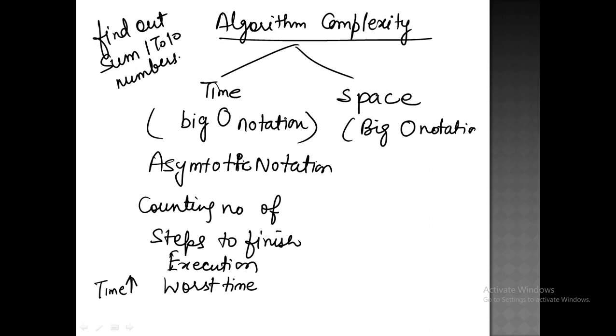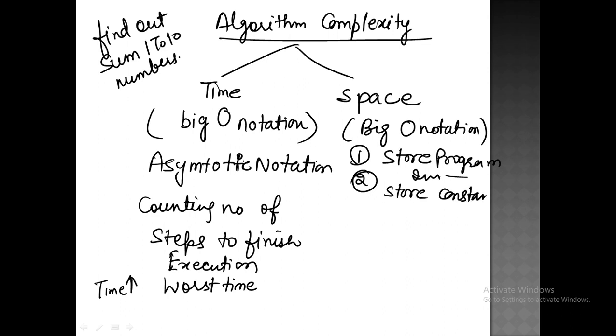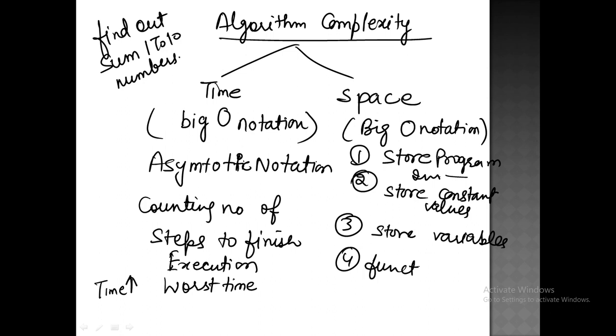For an algorithm, space is required for the following purposes: to store program instructions, to store constant values, or variables, or to track function calls, jumping statements, etc.